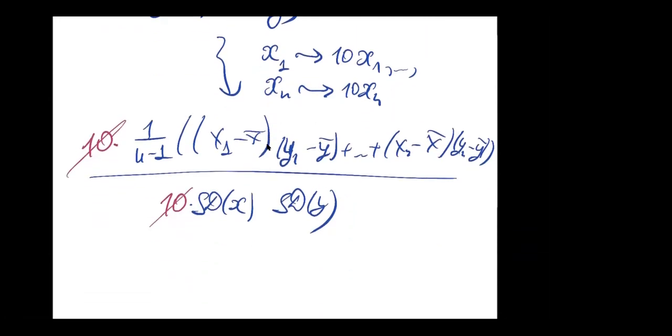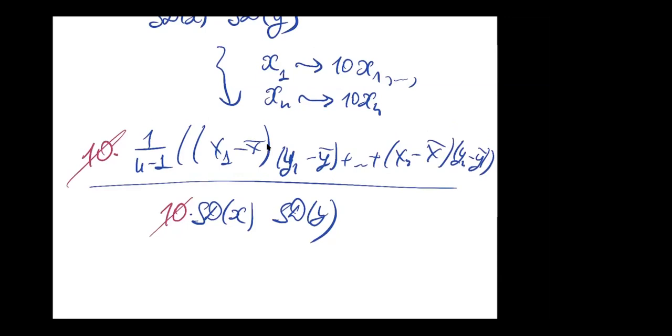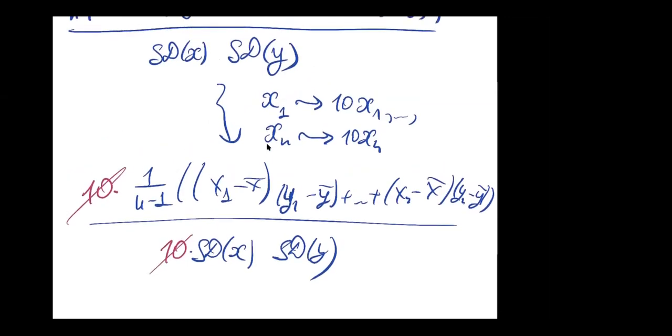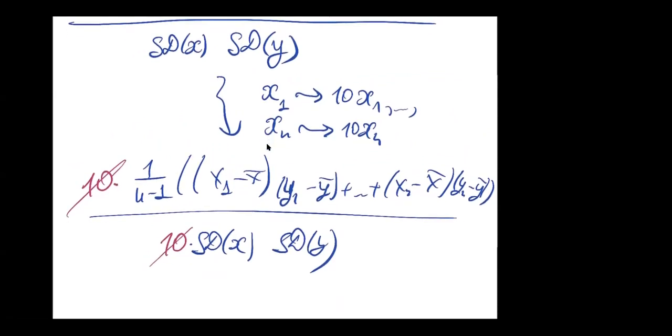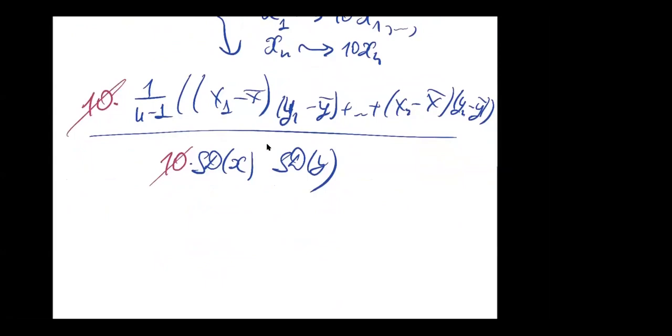So this was the Pearson correlation coefficient, and I understand that if we multiply it by 10, nothing changes, but maybe I have two questions. So why should we multiply it in the first place? What we expected when we did this?